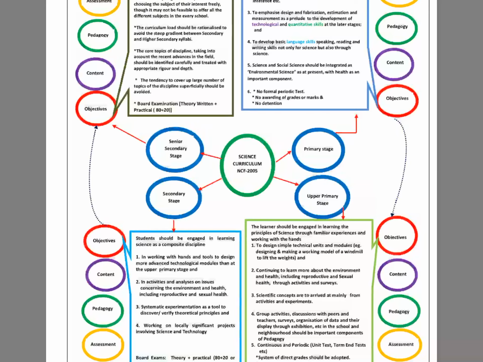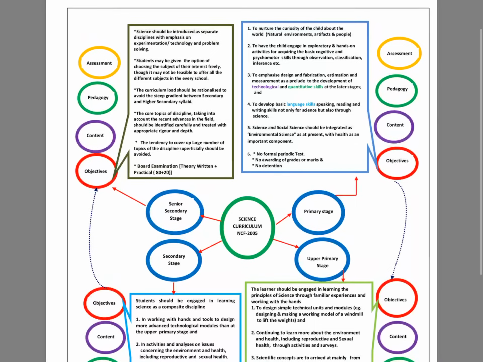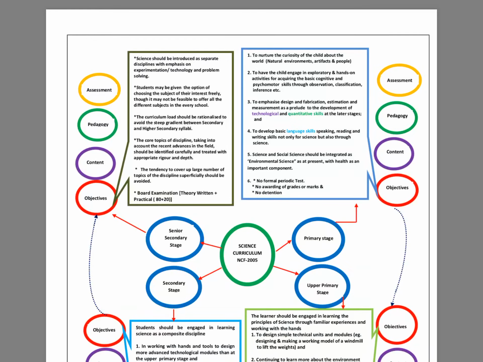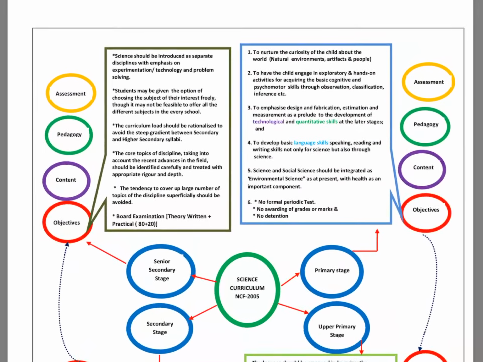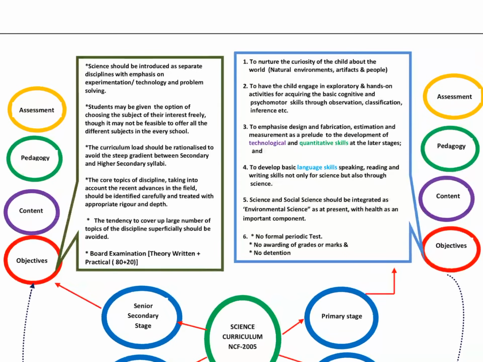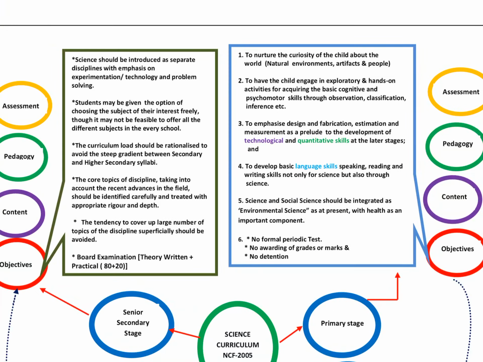But this upper primary also finds its stepping stones from the primary stage. So in the primary stage, first we have to see what type of objectives are being formulated for teaching science, because that will frame the foundation for the upper primary stage.